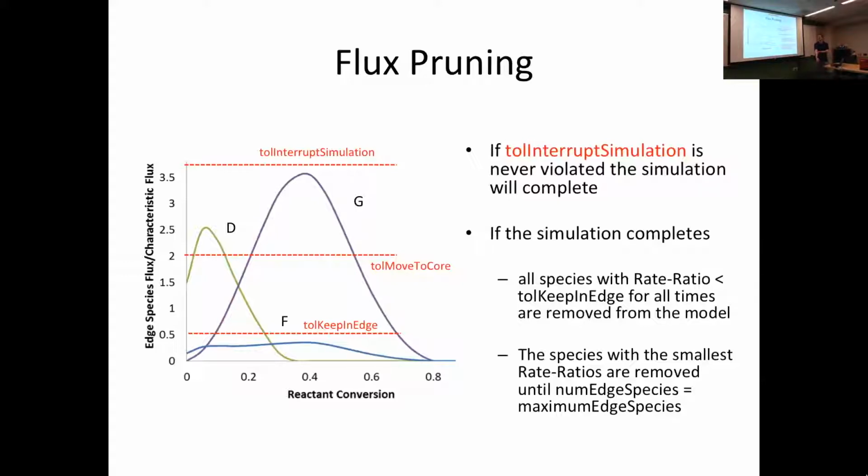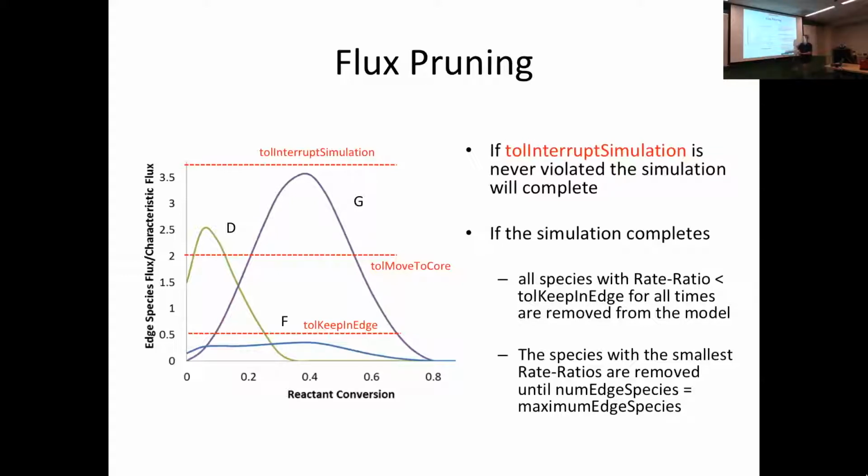In general, the real truth of the matter is that, especially in early simulations, RMG is almost never representing the reactive system properly. But this is a more extreme case. So if you set the tolerance interrupt lower, what you're saying is that you don't trust RMG to pick species after some species reaches a flux that's so large.